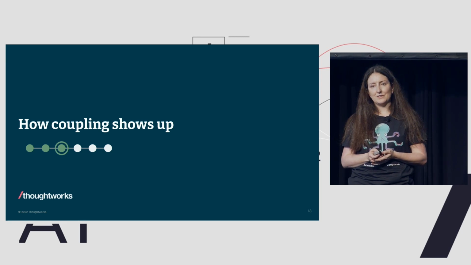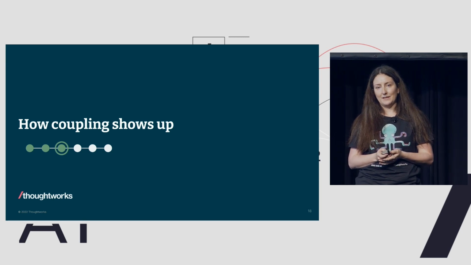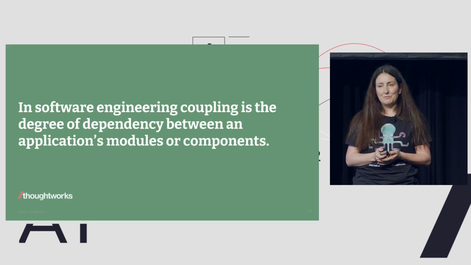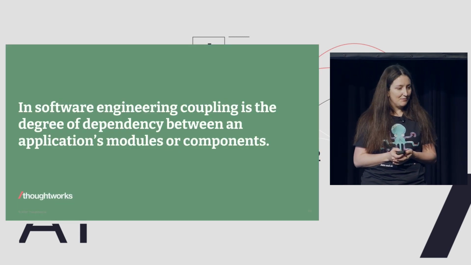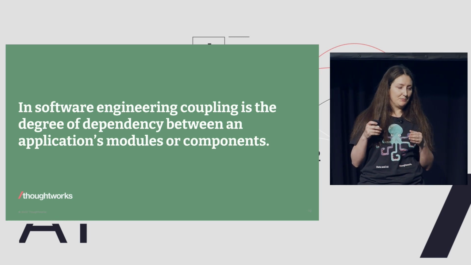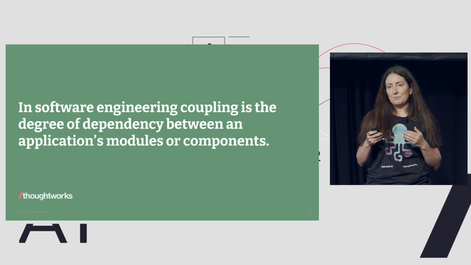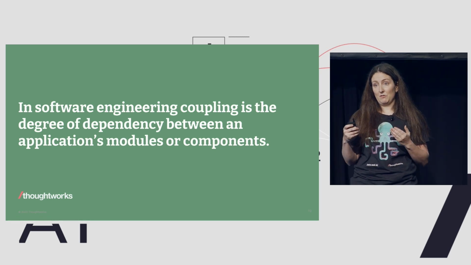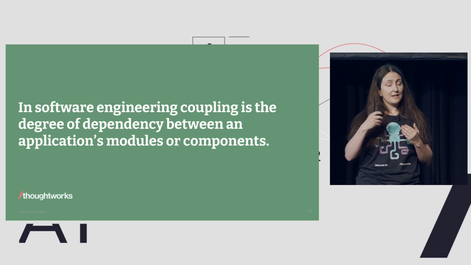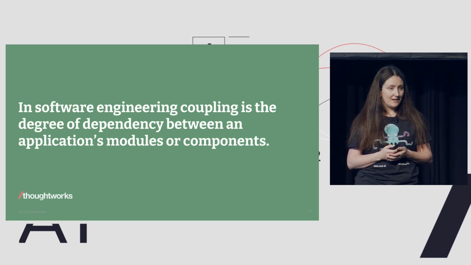The next thing we want to talk a little bit about is how coupling can show up. So what is coupling? In software engineering, coupling is a degree of dependency between an application's modules or components. Too much coupling can mean that the application is really brittle to change and evolve. It can be difficult to roll out changes.